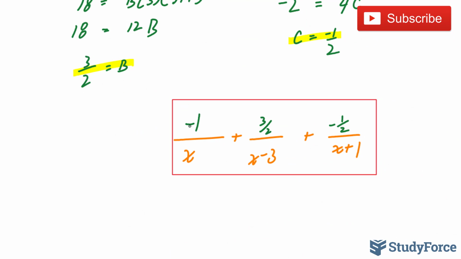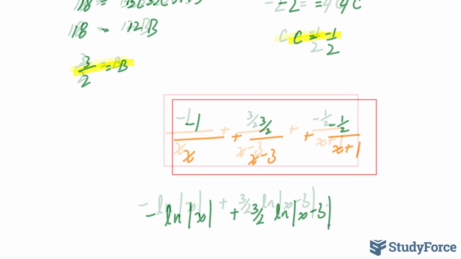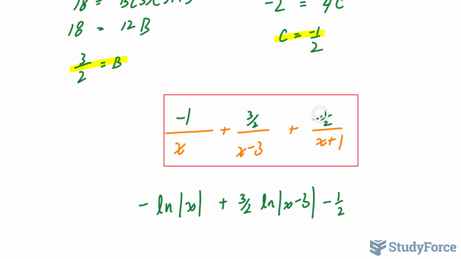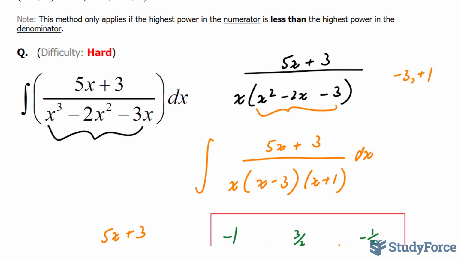The integral of this is equal to ln absolute value of x, with this negative 1 at the front. The integral of this is 3 over 2 ln the absolute value of x minus 3, minus half, write this at the front, ln absolute value of x plus 1 plus C. And this right here represents the integral of this function.